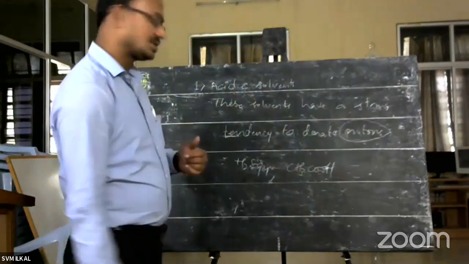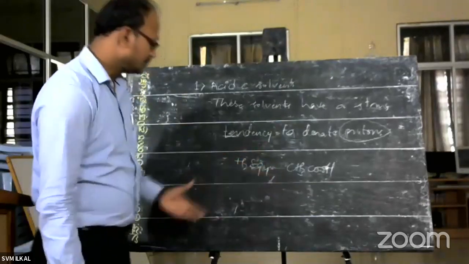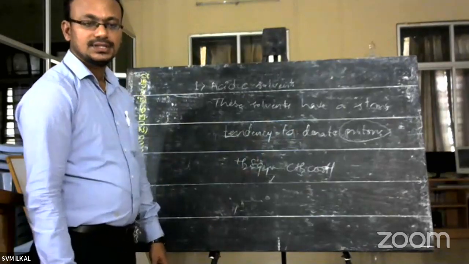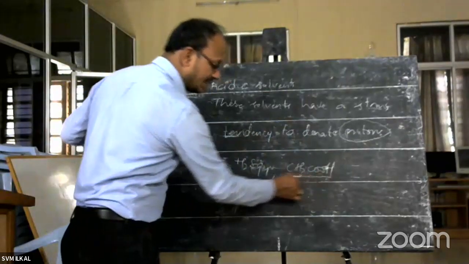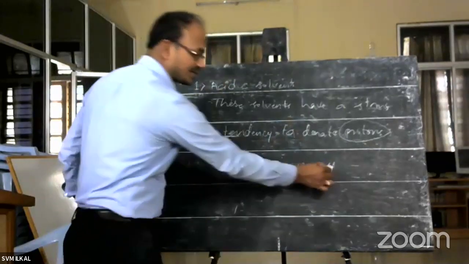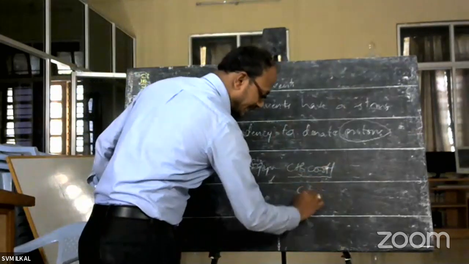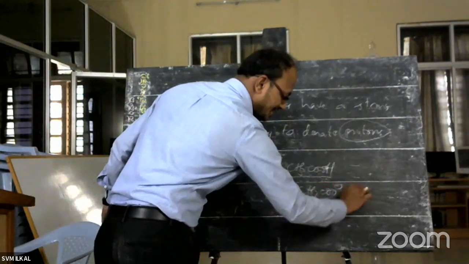Now the question arises: which atom of this molecule donates the protons? The question is very simple. In acetic acid we observe the presence of the H here. So this forms the acetate, CH3COO minus, and H plus.